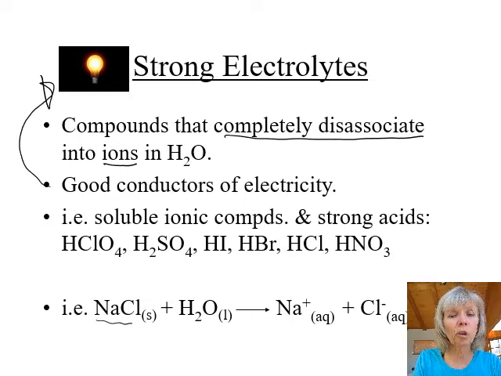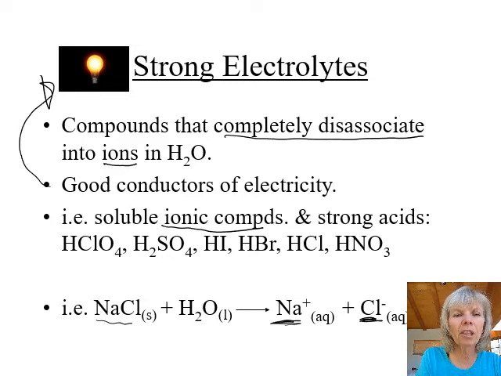We learned how water dissolves it, with the partial positive hydrogen end and the partial negative end breaking apart sodium chloride into sodium ions and chloride ions. It 100% forms these ions, so in solution there are lots of ions present. This is an example of a strong electrolyte. Any ionic compound that dissolves in water, meaning it's soluble, would be a strong electrolyte.